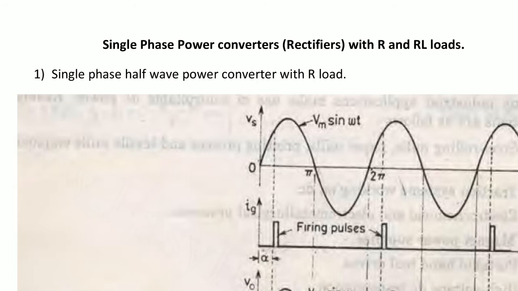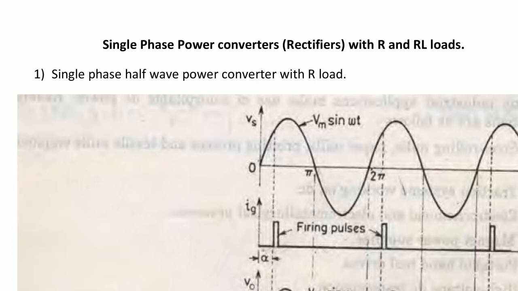As phase control rectifiers need no commutation circuitry, they are very simple. Also they are much less expensive compared to other converters. So this is the introductory part of single phase power converters.